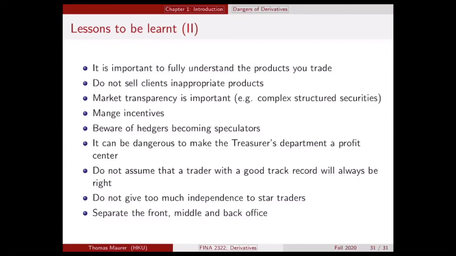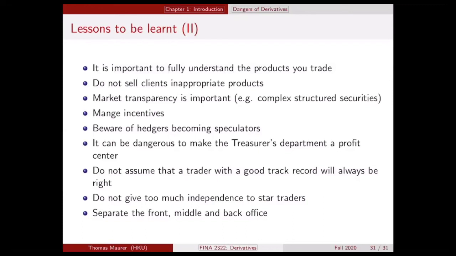As a manager, if you are giving a risk management department the mandate to hedge some risks, or if you employ some traders, you should also give them the right incentives, okay? If you tell a trader, look, if you make a lot of money during the year, then I'm going to give you a huge bonus, and otherwise you just get your standard salary.